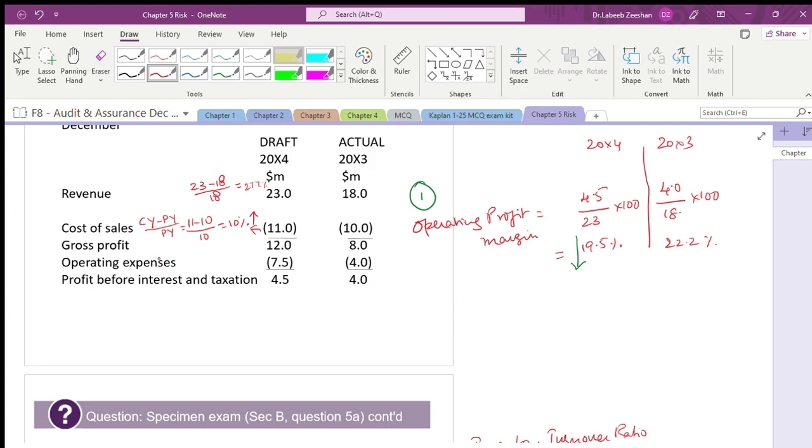See, if cost of sales increased by 10%, revenue should increase with a margin of profit. But revenue is increasing more, and cost of sales is increasing less. You should know what the reason is for it not increasing proportionately.